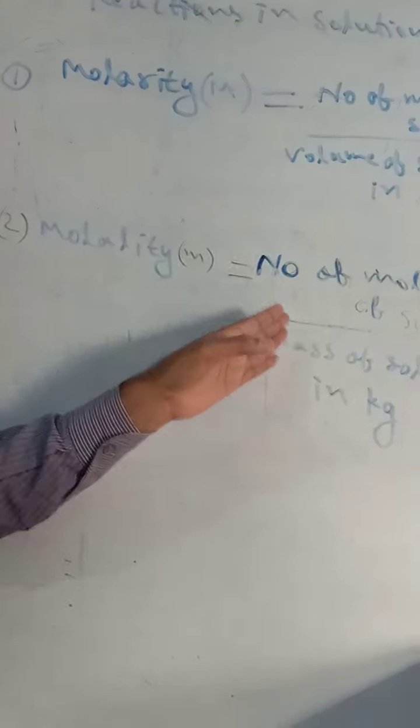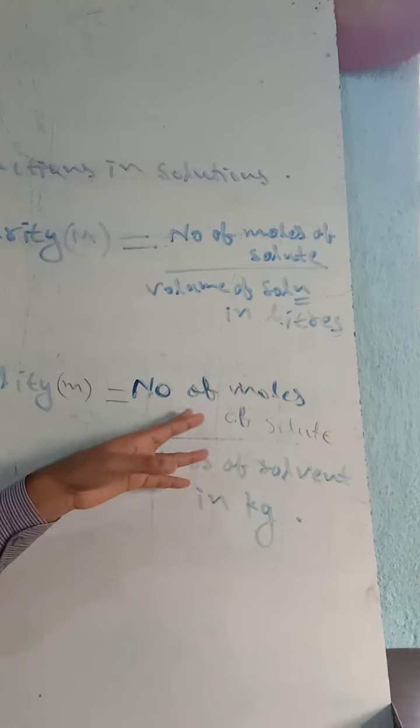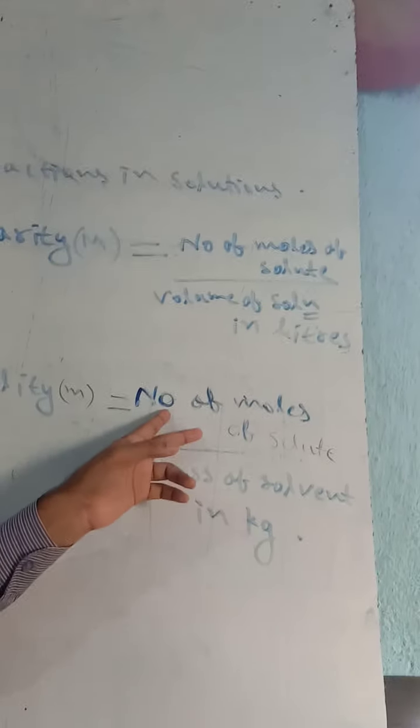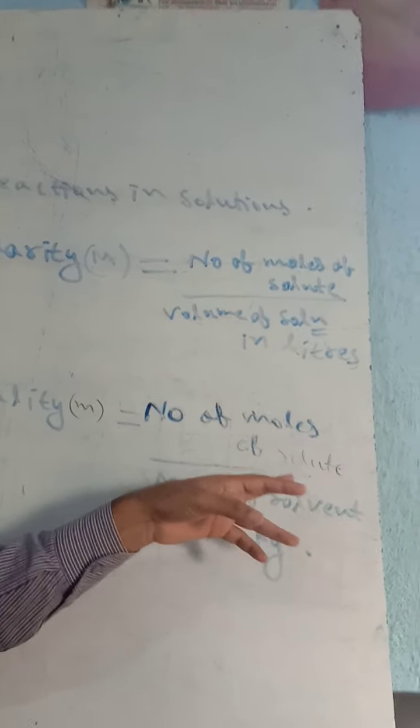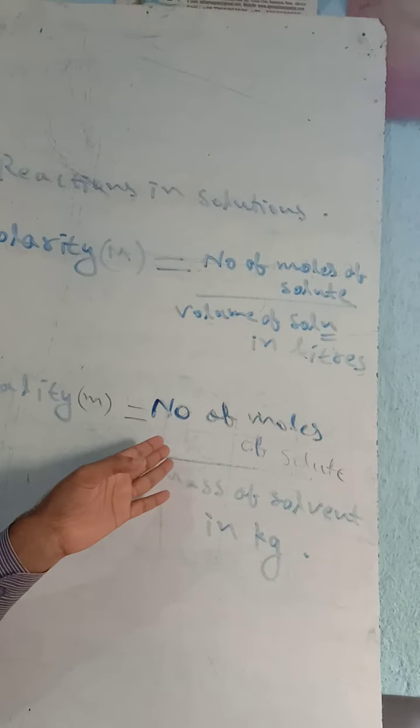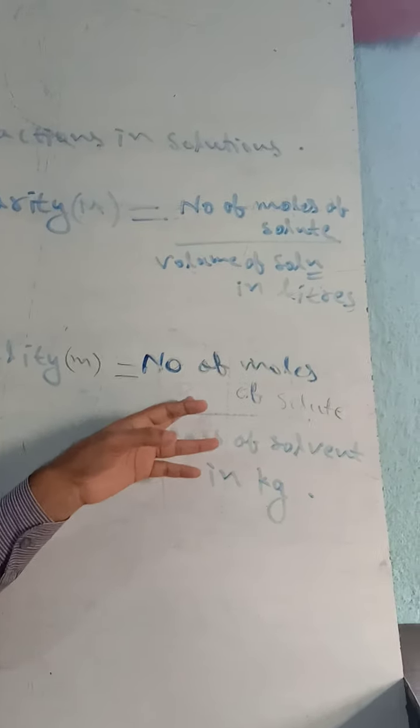Very simple, the same way. To determine the number of moles of solute, 30 gram glucose. The molecular mass of glucose is 180.